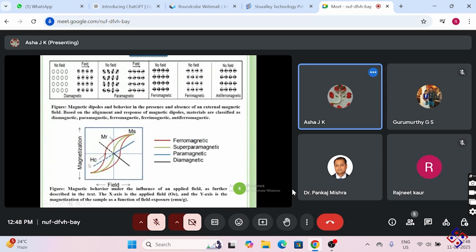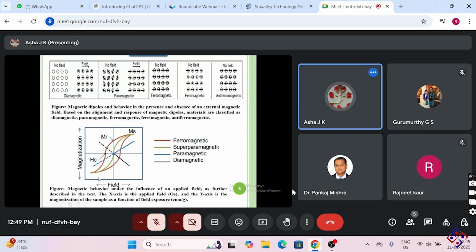So next, this is a figure which represents the magnetization behavior. The red line indicates ferromagnetic, the green color indicates superparamagnetic, the blue color is paramagnetic, and the black line indicates diamagnetic properties. First, the ferromagnetic red line exhibits a hysteresis loop, this bold curve.